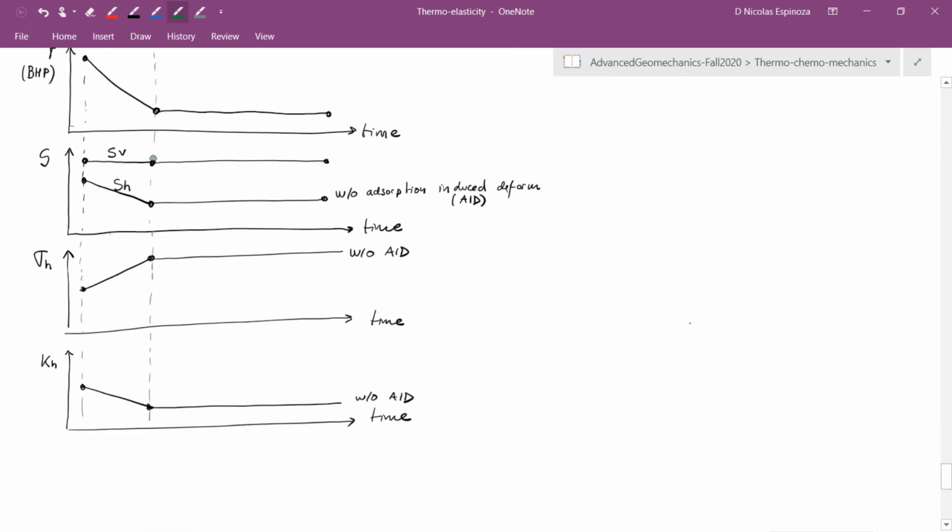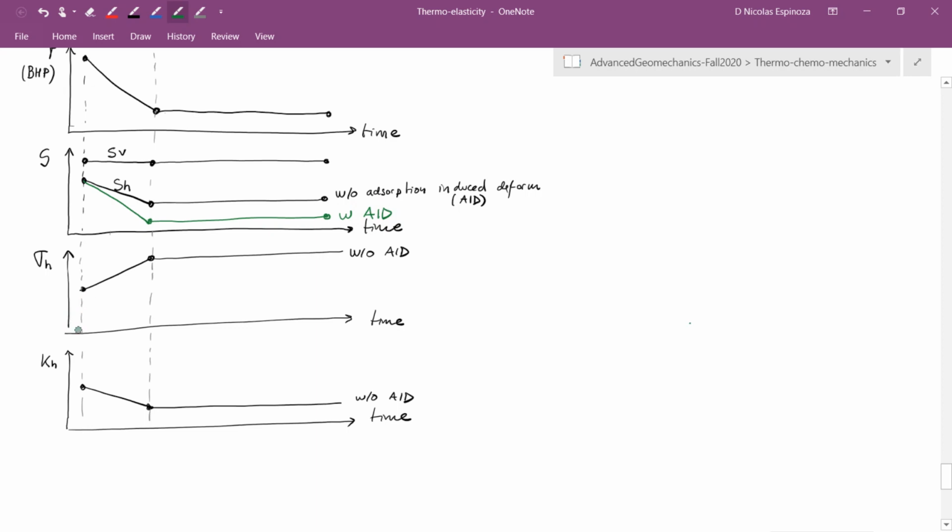So as a result, what I see in this case is that horizontal stress is going also to decrease, but it's going to decrease more than the case without the absorption-induced deformation. And this is going to be the expected response with the phenomenon of absorption-induced deformation.